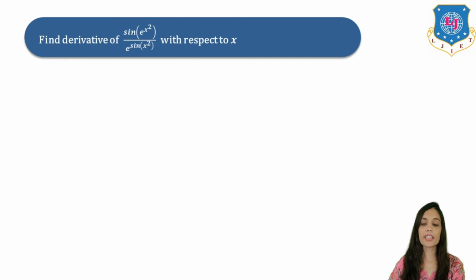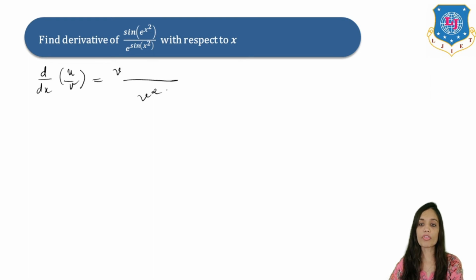So we have to find the derivative of sine e raised to x square upon e raised to sine x square. Again you have to apply the quotient rule, that is derivative of u upon v. It will be v square. You have to keep your e as it is, derivative of u, minus u as it is, derivative of v.